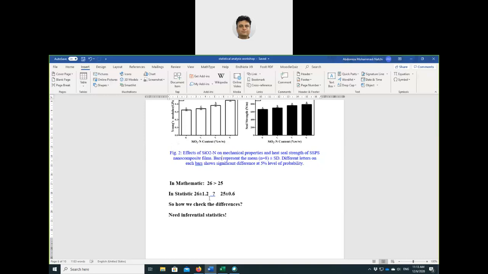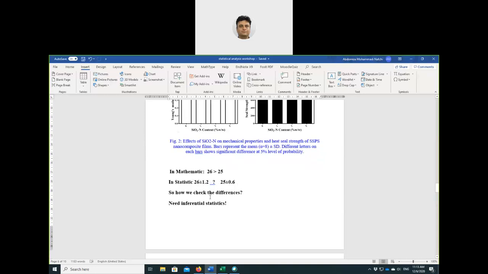So we need inferential statistics. Inferential statistics is about testing whether this mean is higher than this one. Is there any significant difference between these two means or not? This you need to report in the second part of the statistics.